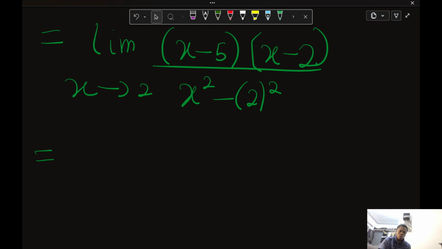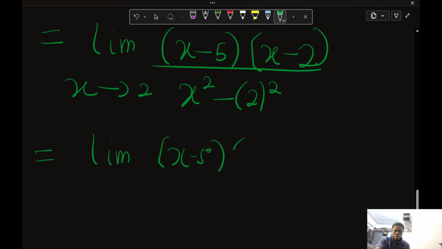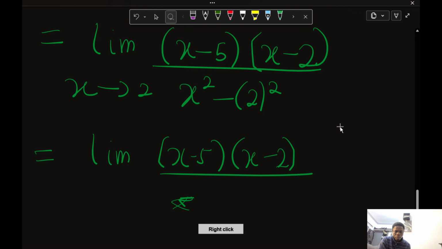It's going to be the limit of x minus 5 times x minus 2, all over x squared minus 2 squared.